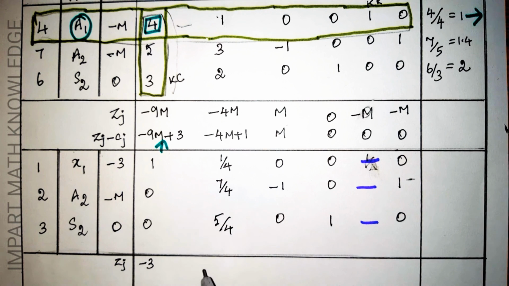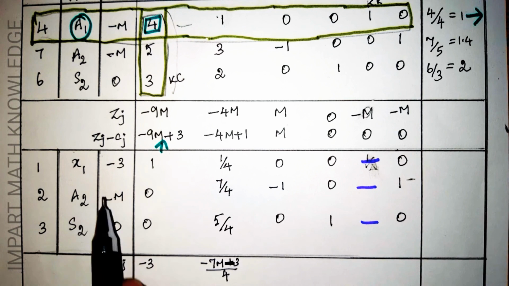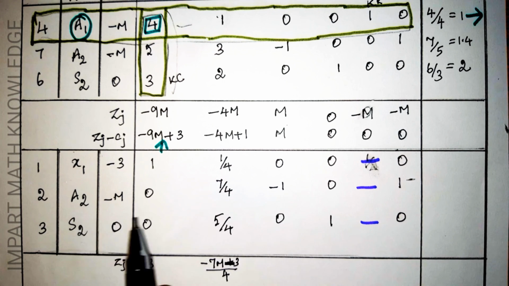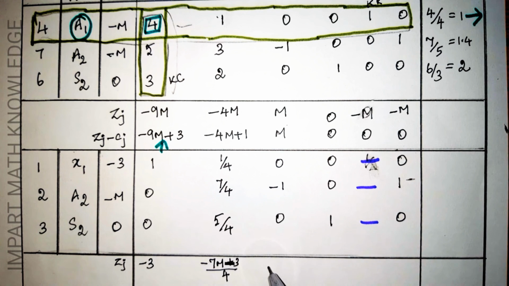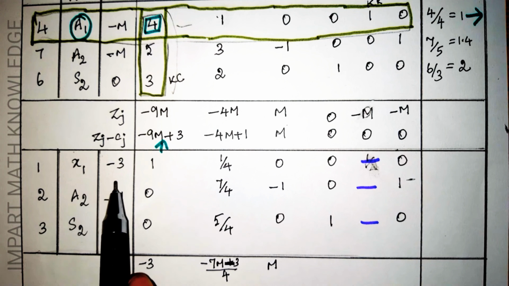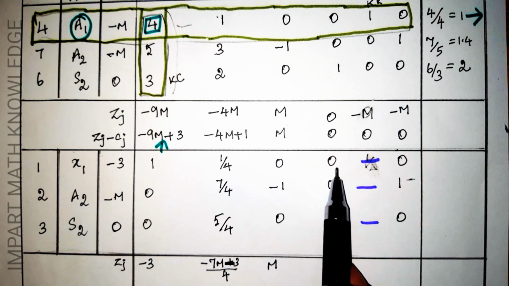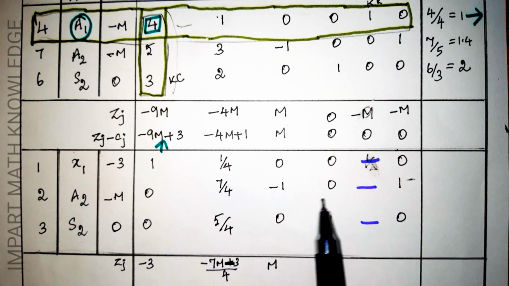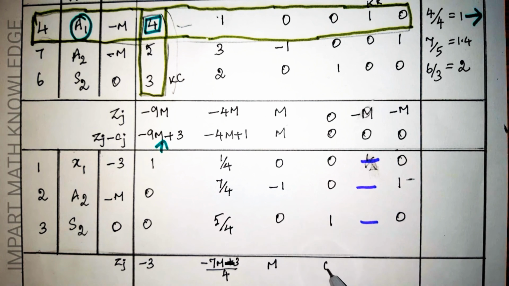If you multiply and add, you will get minus 7M plus 3 by 4. The next one is minus 3 into 0 plus minus M into minus 1 plus 0 into 0. The value is M. The next one, minus 3 into 0 plus minus 3 into 0 plus 0 into 1. So the value is 0.